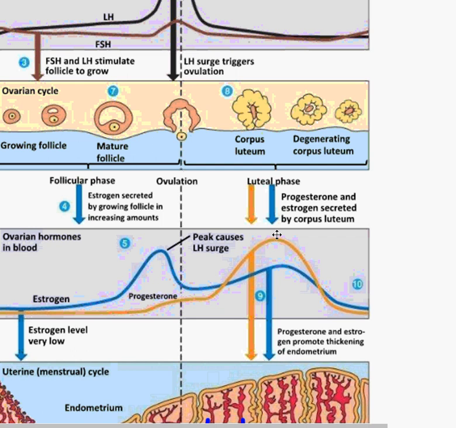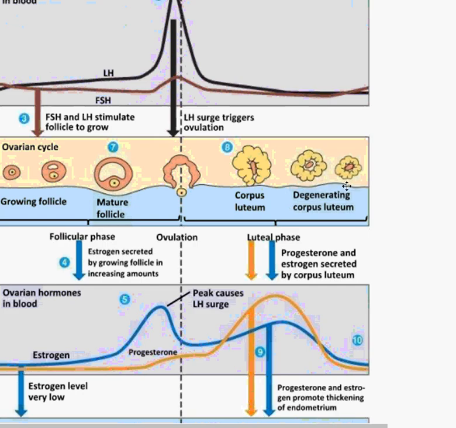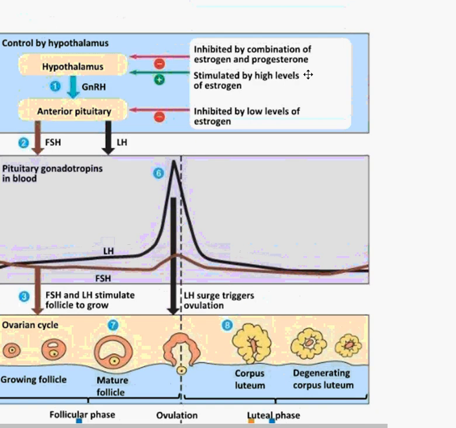When the corpus luteum degenerates to nothing, it is no longer releasing progesterone. The hypothalamus realizes that there's no longer any progesterone in the body, and once it realizes that, it releases GnRH again to begin the cycle over.